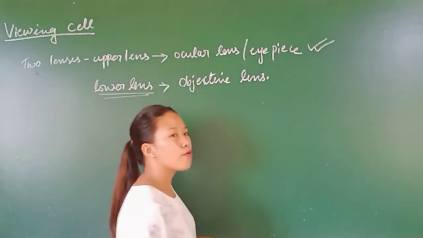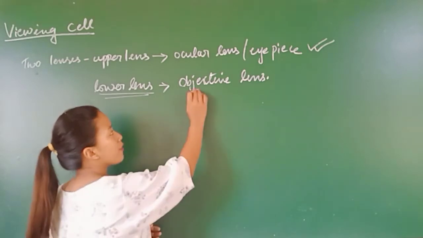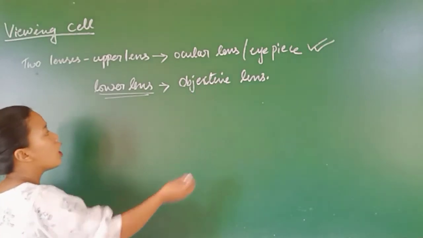The eyepiece is the lens from where we view, and through the objective lens we can view the objects.